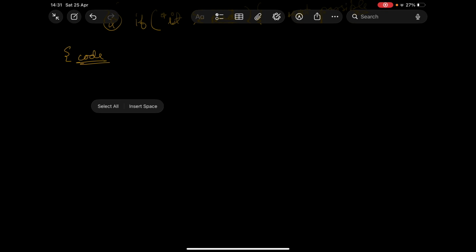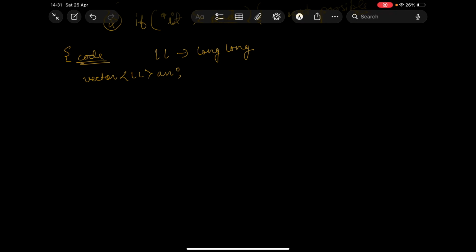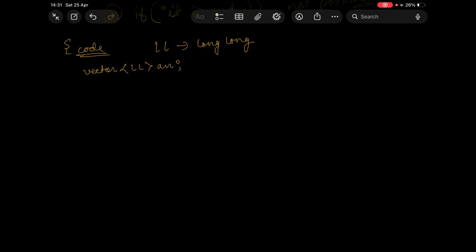So for long, I would be taking ll as long. So this is my vector of long, array, and I want the maximum answer as well, so I would keep answer equal to 0.